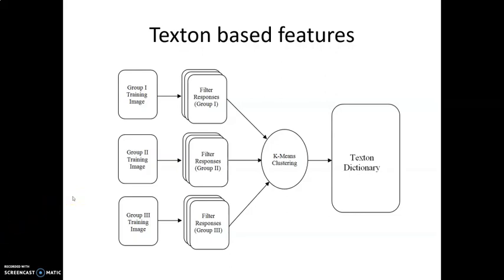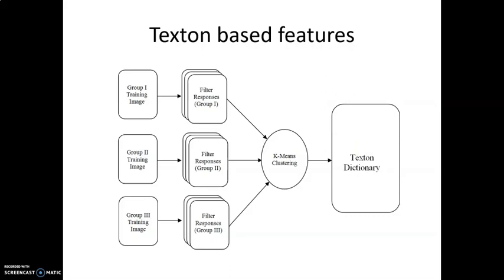So there are two main steps in the usage of texton based features. The first step is the generation of a texton dictionary. So let me give you the concept first.